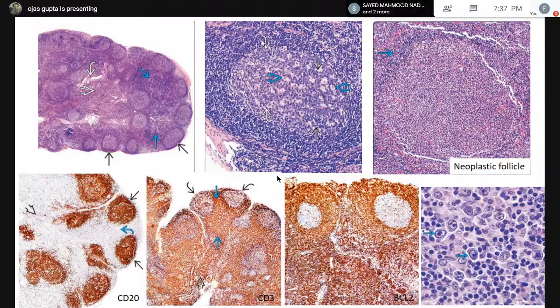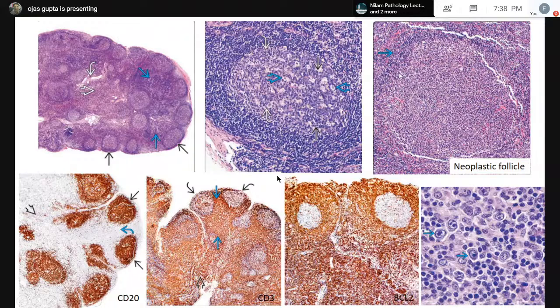Followed by this, the mantle zone comprises small mature naive B cells which are compactly placed, and is surrounded by the marginal zone which has different cells like centrocytes, centroblasts, immunoblasts. We will see their morphology also. Now, why is it important to see the lymphoid follicle architecture? Because a neoplastic follicle will lose all this architecture.